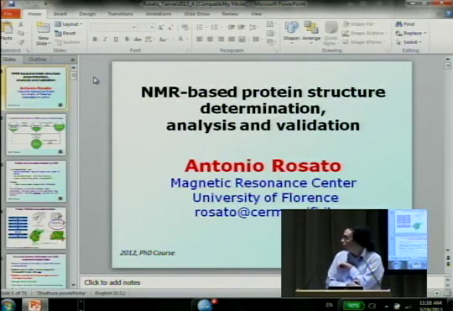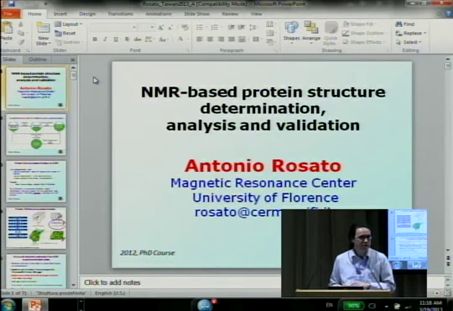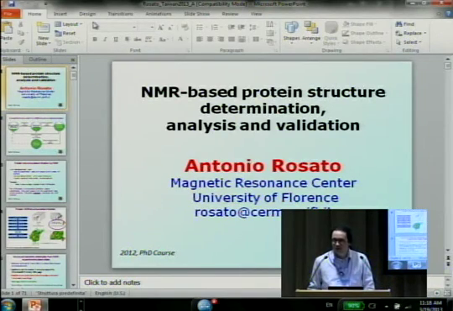Then I'll show you how to use some of our related services on the WeNMR platform just for structure calculation, refinement, and validation. So it's really the basic structural biology by NMR workflow.